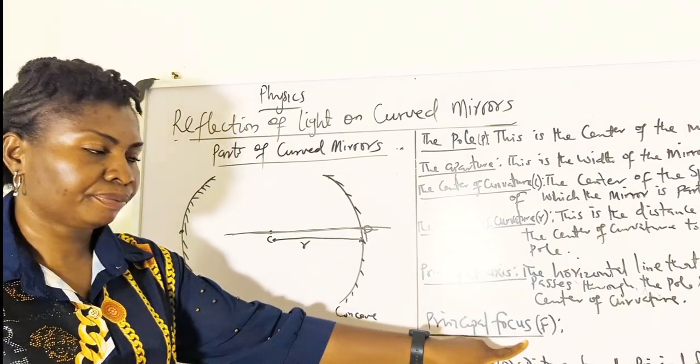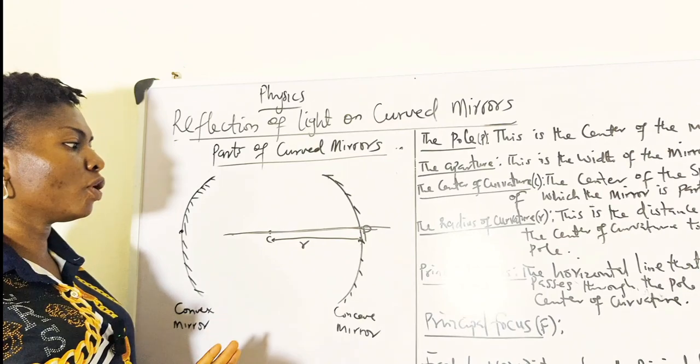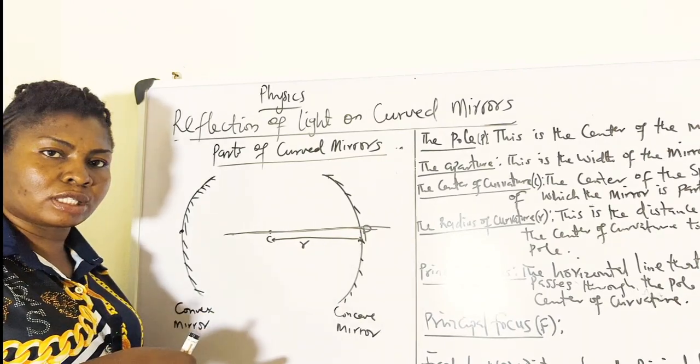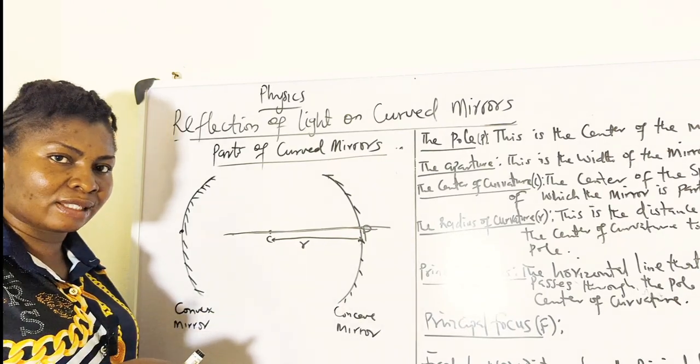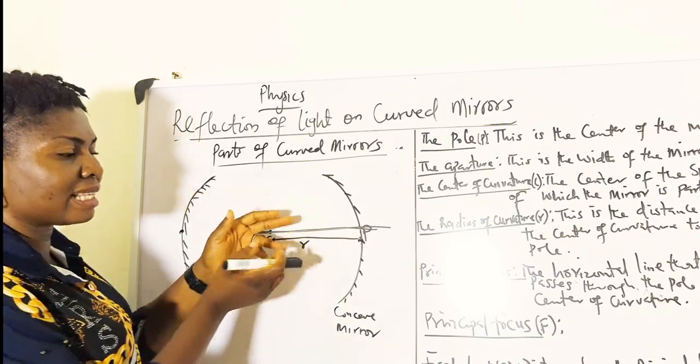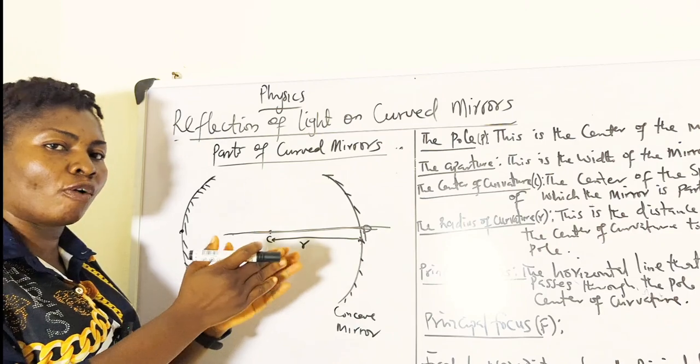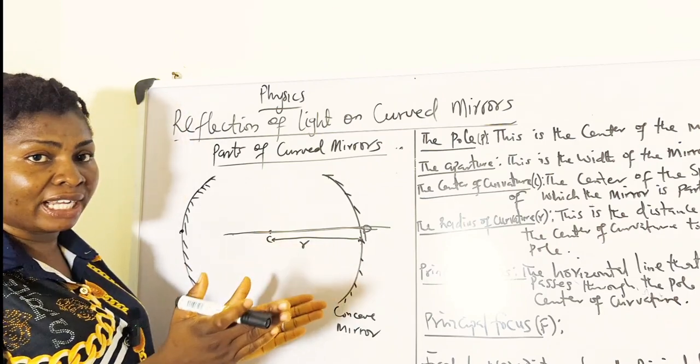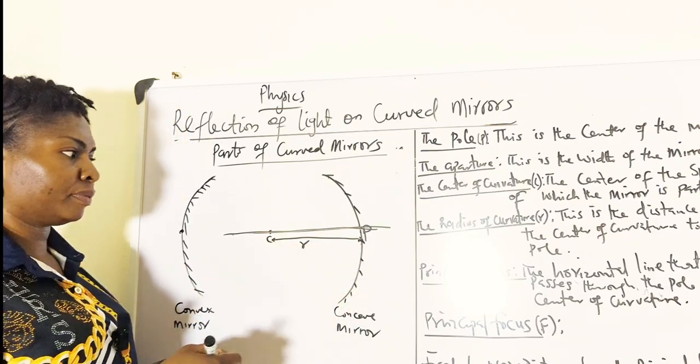Principal focus. Principal focus is that point on the principal axis where parallel and close rays to the principal axis appear to either converge or diverge after reflection.